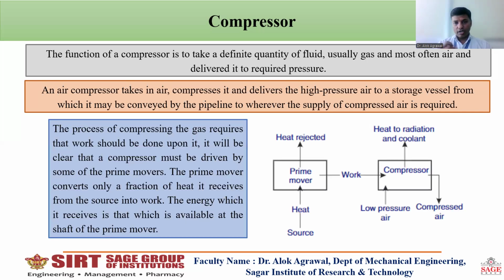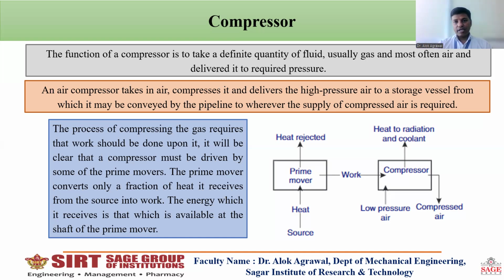So how it works means, to drive a compressor, we need a prime mover. That prime mover takes heat and converts that heat into work. Generally, it has been observed that a part of the heat is converted into work, and that work is utilized to drive the compressor, and most of the heat is rejected into the atmosphere.